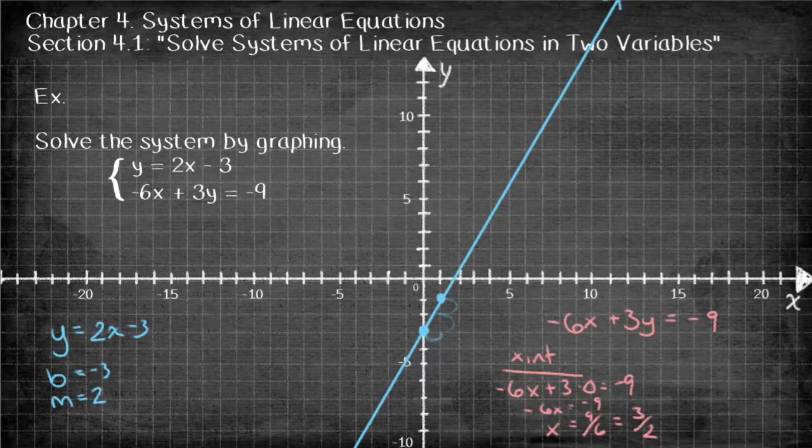So that's 1.5 for the x-intercept. And the y-intercept is -3.